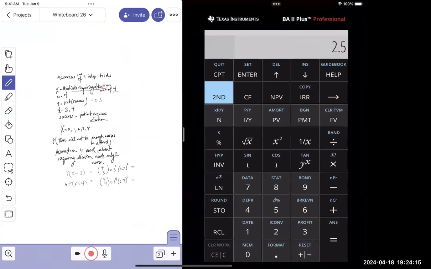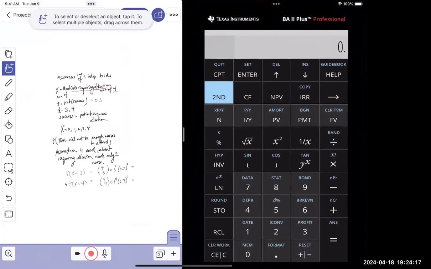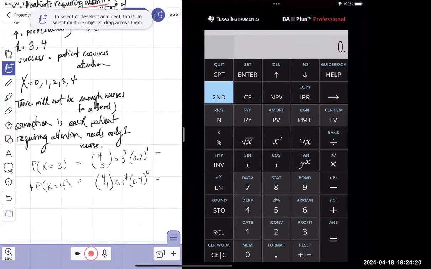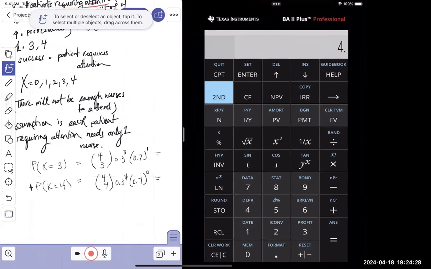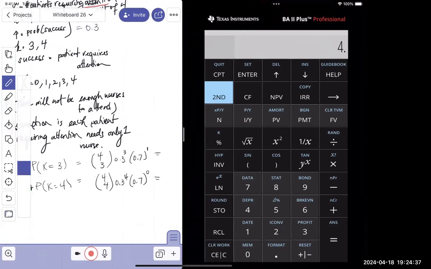And then to put it in our calculator, we take 4, second function, NCR, 3, and you can keep going. You can say equals, so that's 4. You can write it down to simplify.